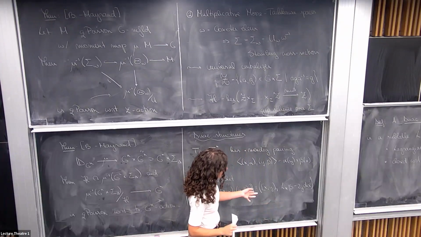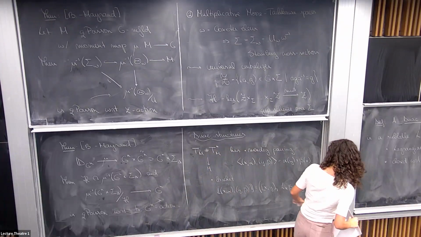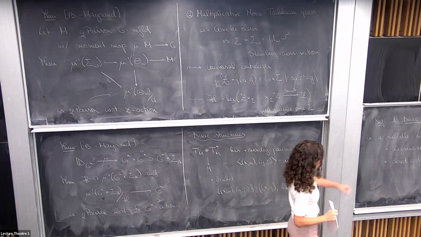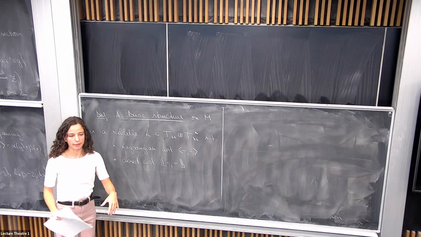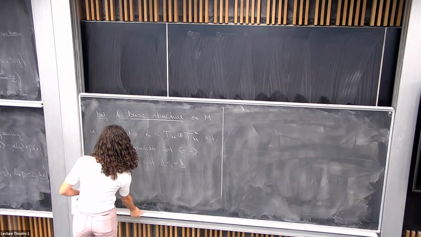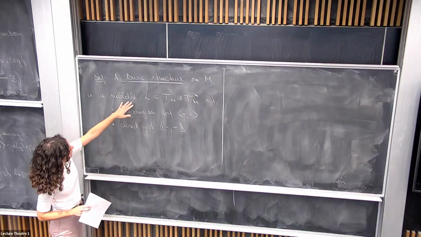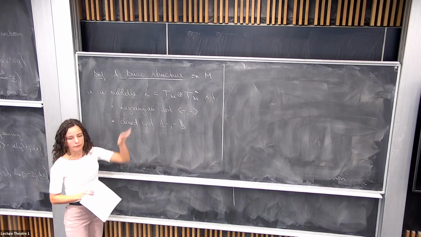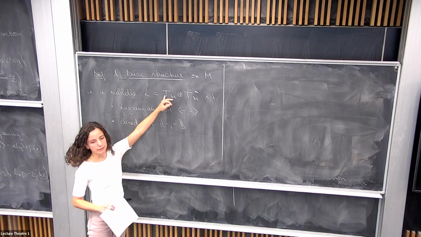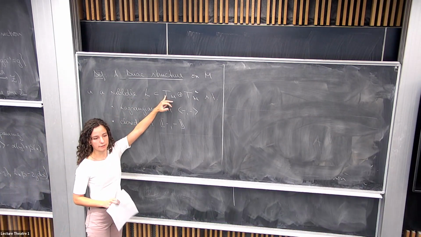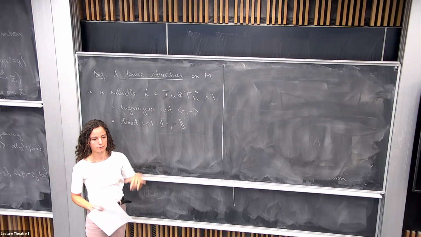And the observation is that if we restrict this bracket to a Lagrangian subspace of this bundle, then it becomes a Lie bracket. So this is now going to be a vector bundle over M that has a Lie bracket and a natural map to the tangent bundle that respects the brackets of the two bundles.